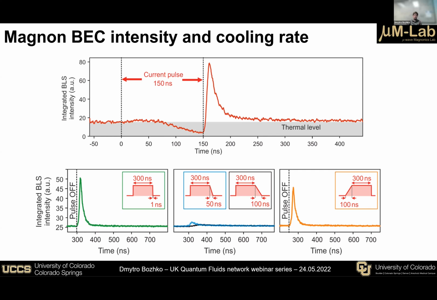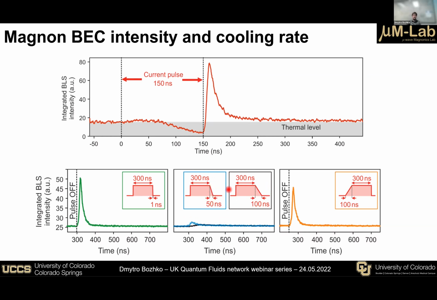First, we wanted to prove that our system is not prone to any kind of spurious effects. So we changed the time of the switching off of the heating pulse. In that way, we prolong the time for cooling, and obviously our effect depends on the cooling rate.